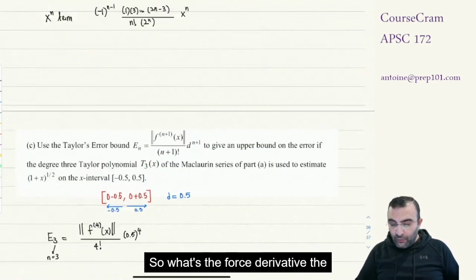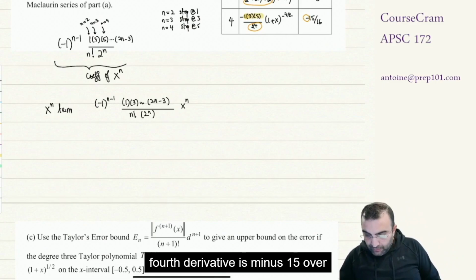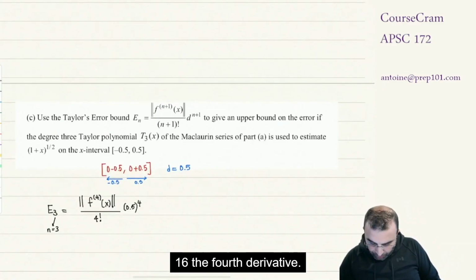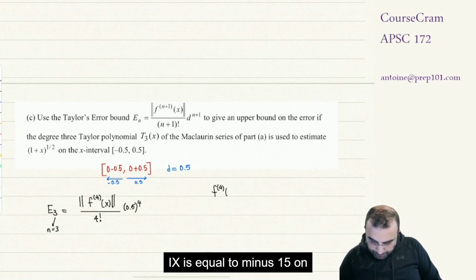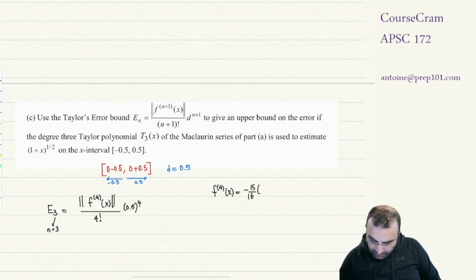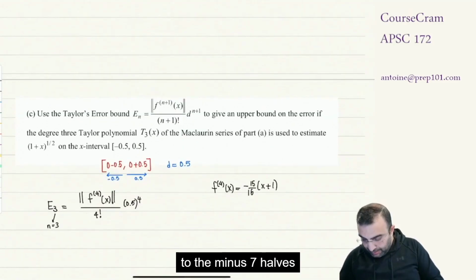So what's the fourth derivative? The fourth derivative at x is equal to minus 15 over 16 times (x plus 1) to the minus 7 halves.